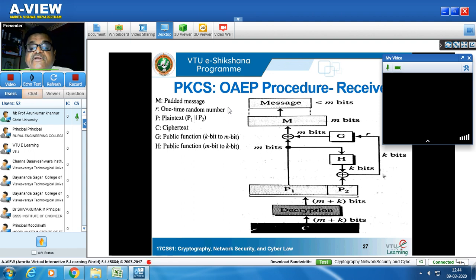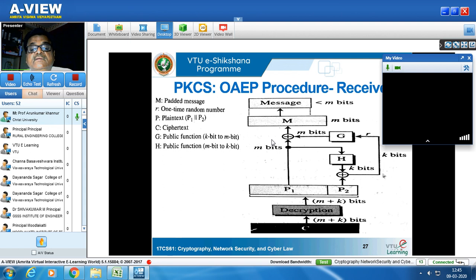Since it's a standard, it will know the first M bits are P1, and after M bits up to K bits it is P2. So it separates out the M bits in P1, and after M bits up to K bits in P2, it separates out that P2 part, which has been supplied here.